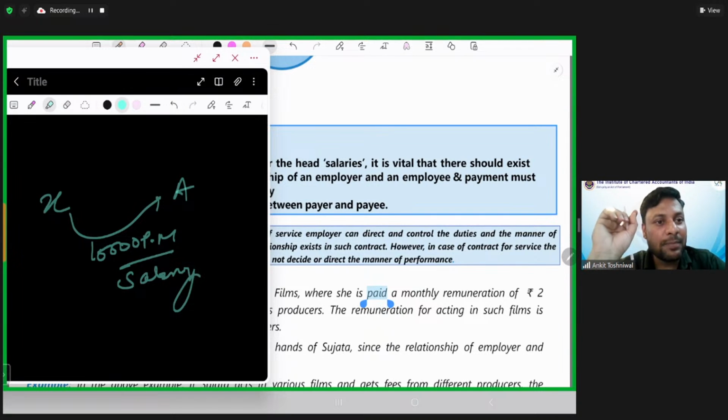Then this 10,000 per month is taxable in the hands of A, as it is the income of A. In which head is it taxable? Income under the head salaries. Okay.